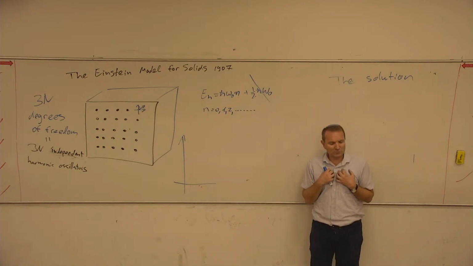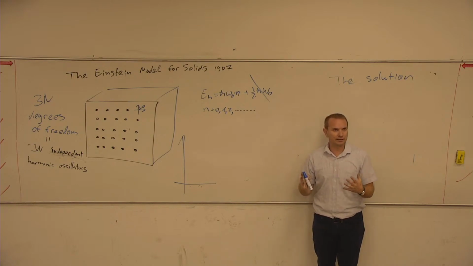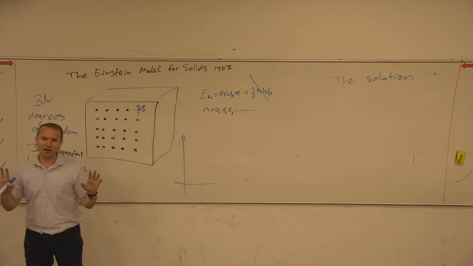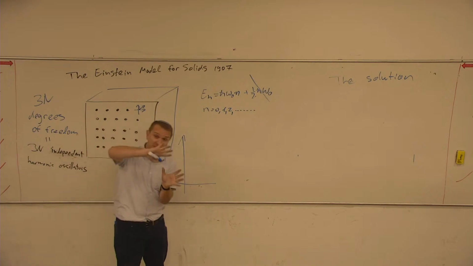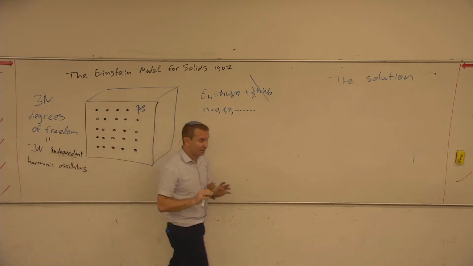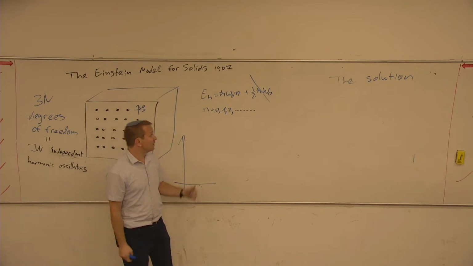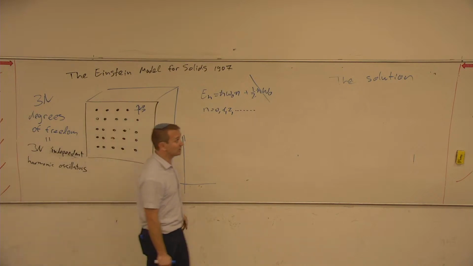But what we manage to do is describe the system somehow differently. How do we solve interacting systems? We somehow describe them or disguise them such that they look to us like a non-interacting system. Einstein simply assumed, well, I will start from a non-interacting system and we'll see what we get.